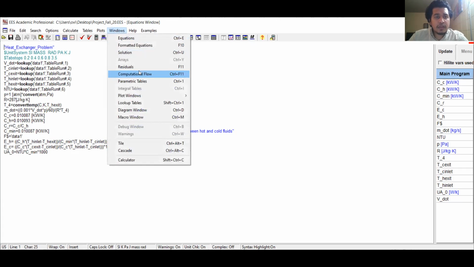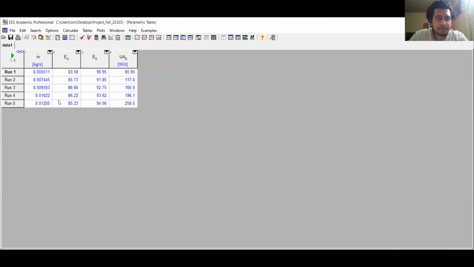Then we have these parametric tables to show all of our calculated values. In these parametric tables, we have the mass flow rate in kg per second, the effectiveness for the cold fluid, the effectiveness for the hot fluid, and the overall thermal conductance.